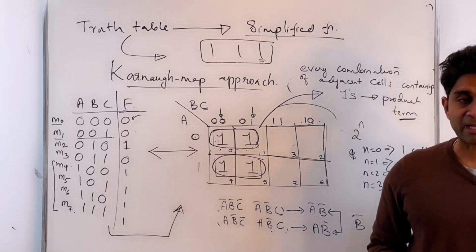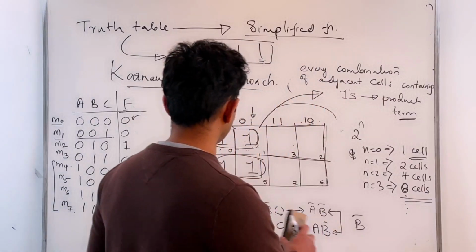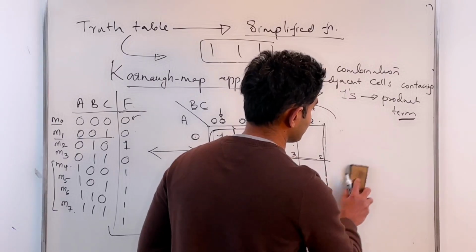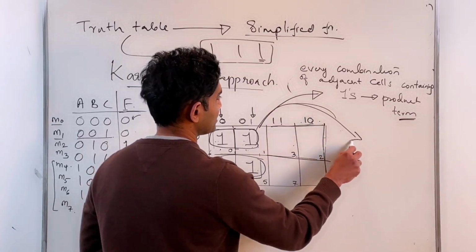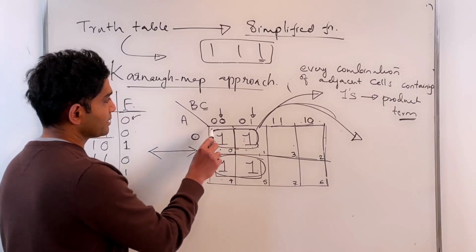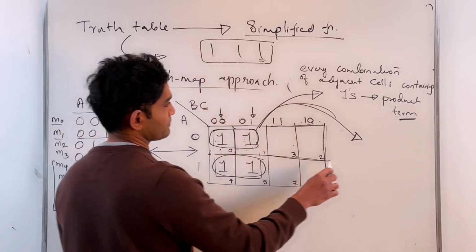And in effect, that will not produce the simplest expression, because if I were to do that, I would get 2 product terms corresponding to each of these combinations. The product term corresponding to that would be A prime. A doesn't change when I go from here to here, and C gets eliminated, so that's A prime, B prime.